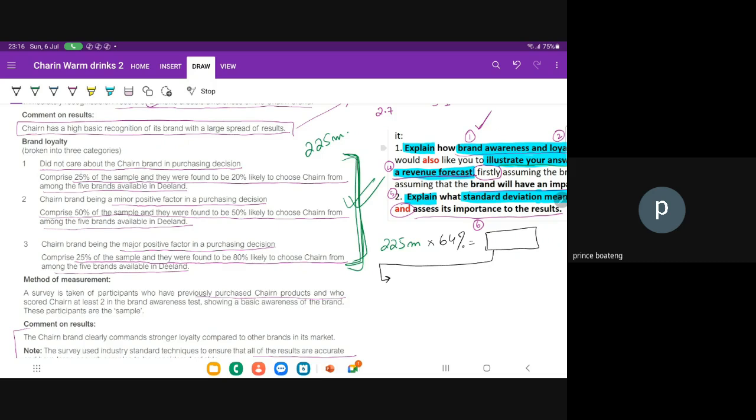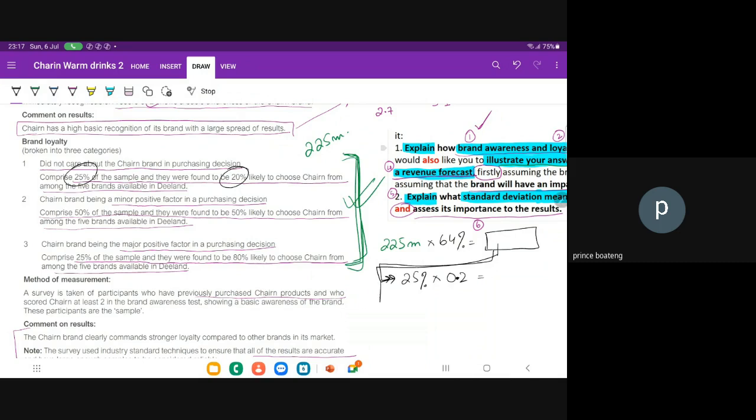There are 25% of the sample, meaning 25% of this figure, right? 25% of the people were found to be 20% likely to choose Sharon among five. So 25% times 0.2. I don't know what this figure is, 225 times 64%, whatever the figure is, I have to multiply by 25% to get this part, and then 20% likely to buy the Sharon product.